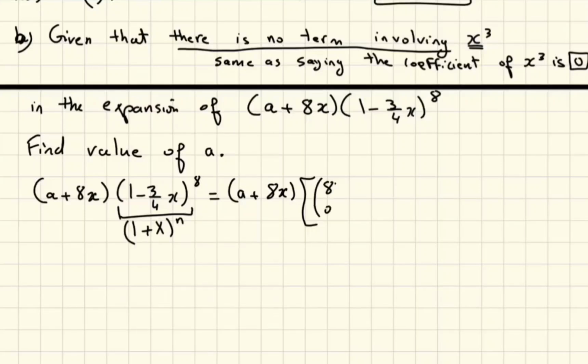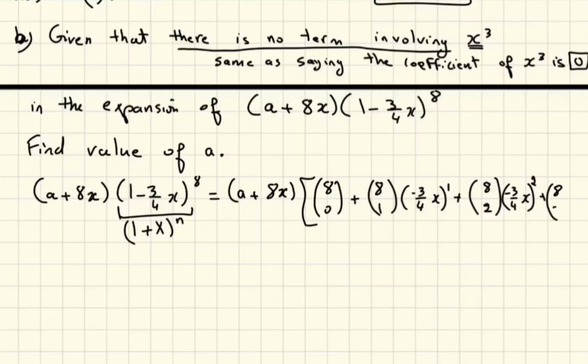So 8C0 plus 8C1 big X, which is minus 3 over 4 x exponent 1. I need up to x cubed, so I will write two more terms. This is squared, then one more, which is 8C3 (minus 3 over 4 x) exponent 3.